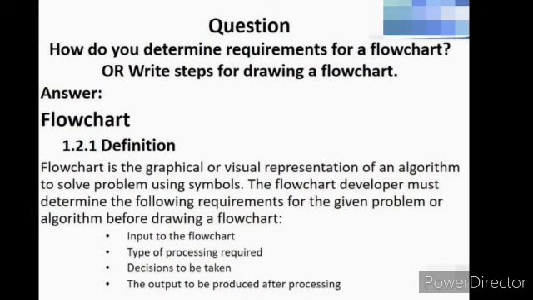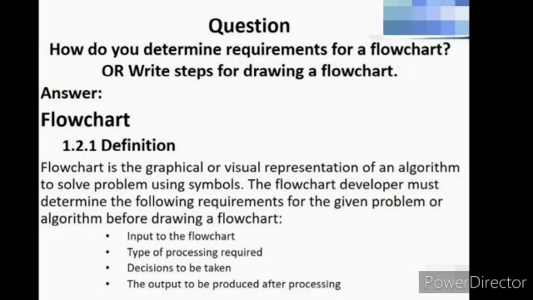And the answer is, first of all, the definition of flowchart. A flowchart is the graphical or visual representation of an algorithm to solve a problem using symbols. The flowchart developer must determine the following requirements for the given problem or algorithm before drawing a flowchart.